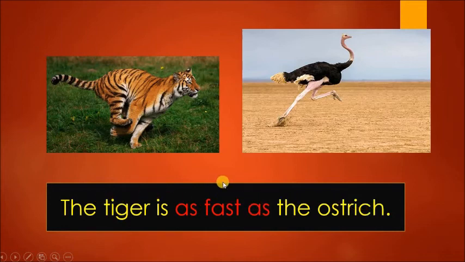Imagine that the tiger runs 50 kilometers per hour and the ostrich runs 50 kilometers per hour. So they are equal, they are the same. We can use the affirmative form. The tiger is as fast as the ostrich.